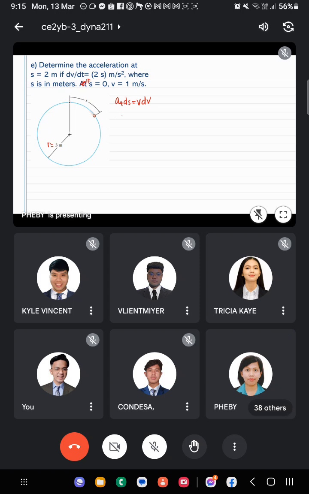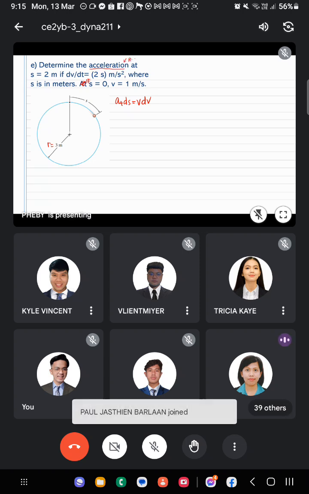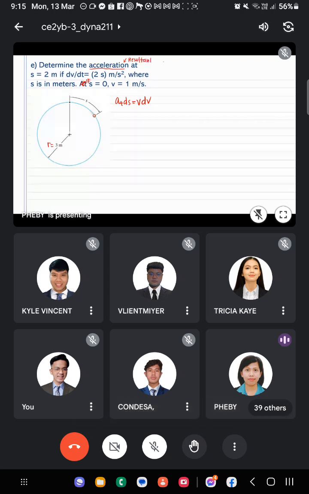Okay. So our acceleration, solve muna natin si a_t. Resultant pa rin yung hinahanap natin dito. Therefore, hanapin natin si a_t and si normal acceleration para makuha si resultant acceleration. If we compute for our a_t, a_t can basically be dv over dt.